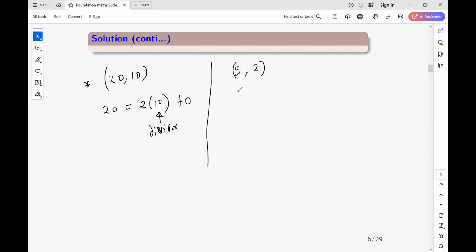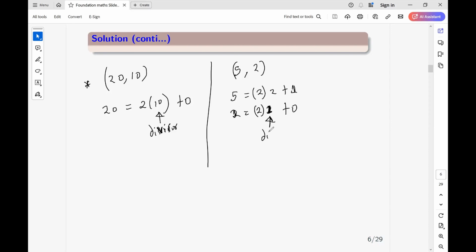Now, we normally say 5, 2 goes there twice, and the remainder is 1. Then we say 1 into 2, twice, and the remainder is 0. So this is the divisor.